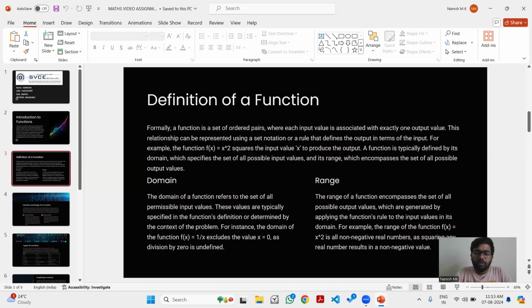And range: the range of a function encompasses the set of all possible output values which are generated by applying the function rule to the input values in the domain. For example, the range of the function f of x equal to x square is all non-negative real numbers, as squaring any real number results in non-negative values.